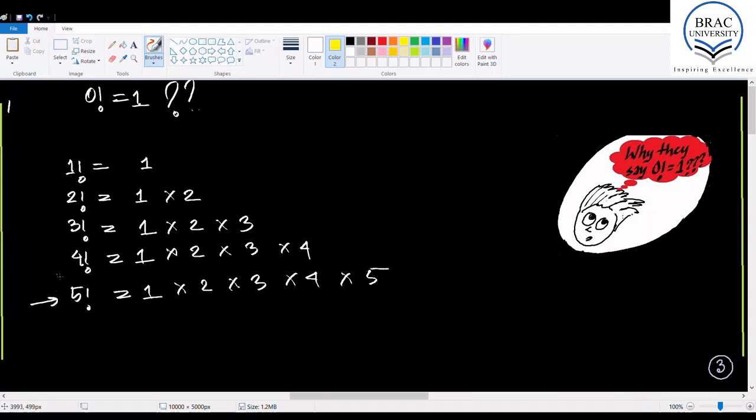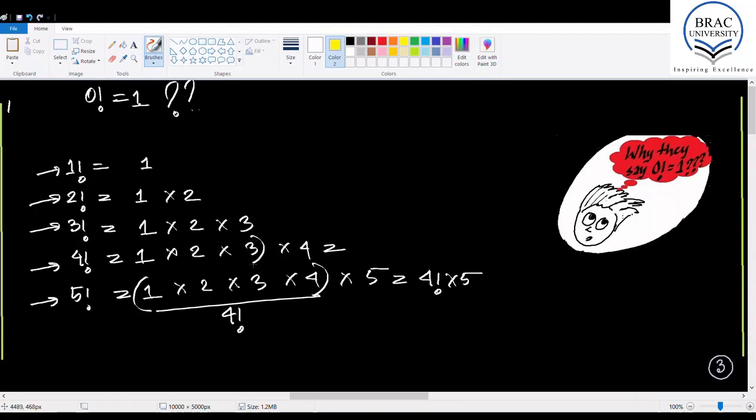Can we rewrite all of these factorials in a different pattern? Let's try. Just close the first portion like this. This is 4 factorial if I'm not wrong, right? So we can write here that this is 4 factorial into 5, right? If we close this, this is 3 factorial, and we can write here that this is 3 factorial into 4.